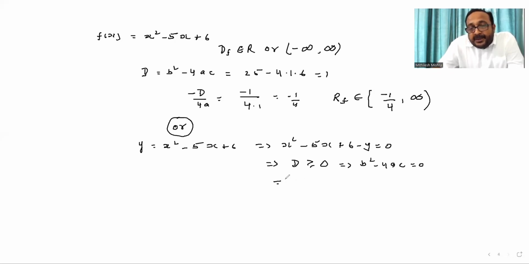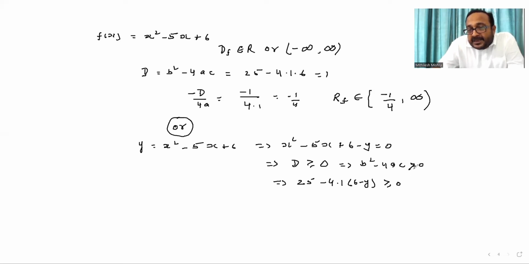In place of b, you have -5. So 25 - 4 into a is 1, and in place of c, you have 6 - y, greater than or equal to 0.